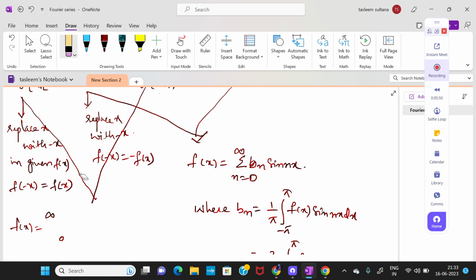A naught, because it's even, no? A naught by 2 plus summation n equals 1 to infinity an cos nx. One second, let me clarify. Is it summation 1 to infinity or 0? It will be 1 only. This also has to be 1 to infinity, not 0.